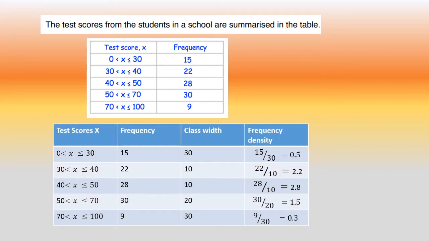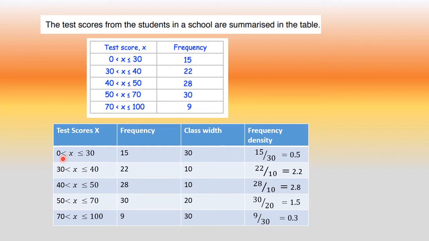So when we are to draw a histogram for this information, we are going to prepare a table which comprises 4 columns. The test scores go from 0 to 30, then 30 to 40, 40 to 50, 50 to 70, and 70 to 100.